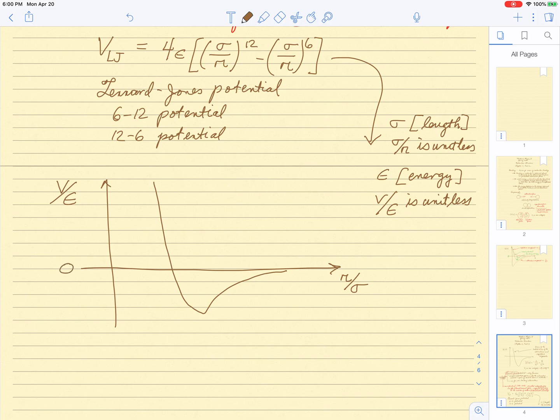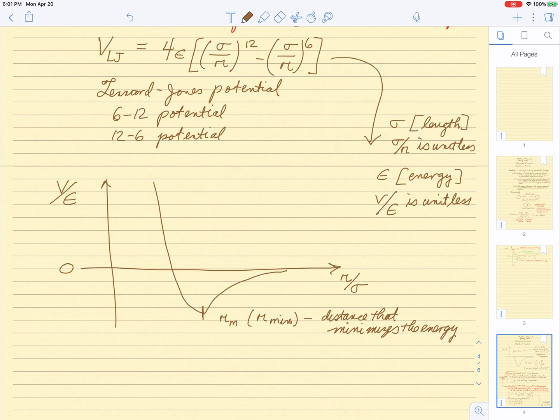This will be the zero potential energy. This is going to be what is commonly called Rm, the minimum distance between the two particles that minimizes the energy. Okay, so this is going to be the distance that minimizes the energy.